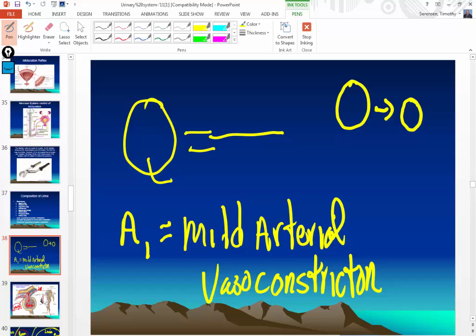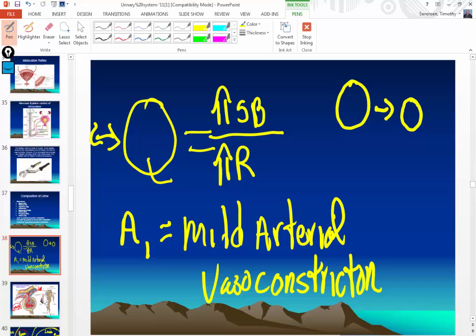So what's going to happen to resistance to arterial blood flow? It's going to go up. And to maintain Q, what has to happen to systolic blood pressure? It has to go up. Tell me you got that. How many people are with me?